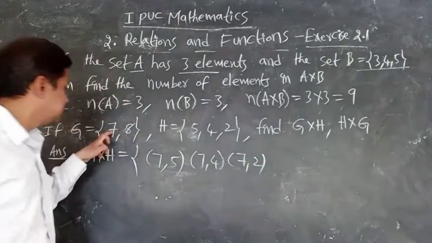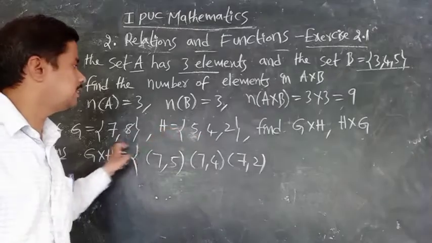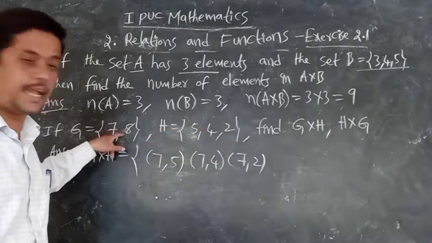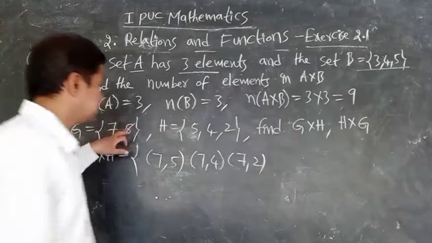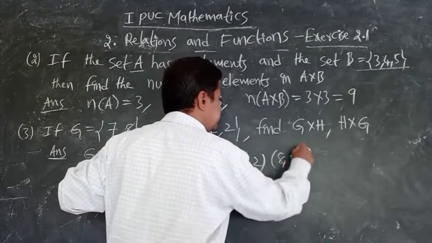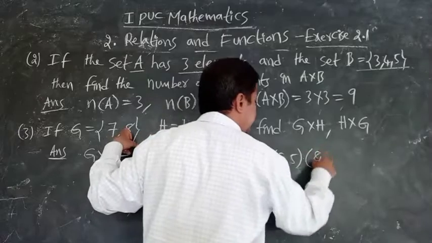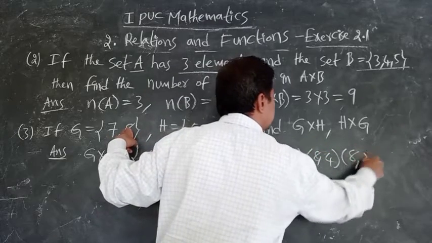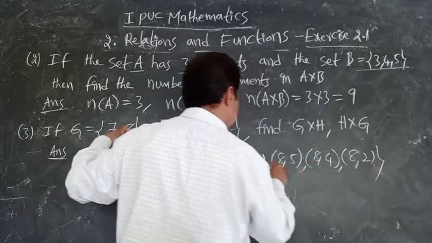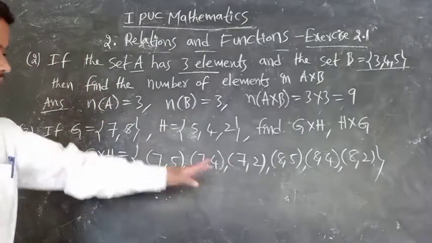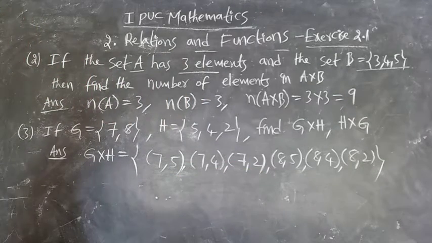Next we move to 8: 8, 5, 8, 4, 8, 2. So like that I have to simplify. This is the answer for G cross H.